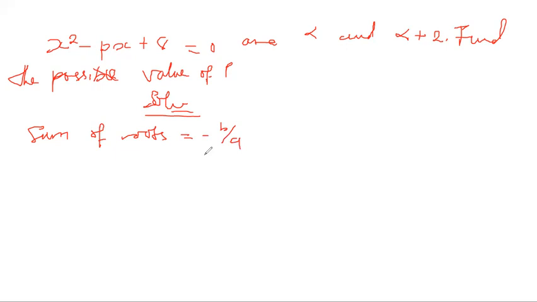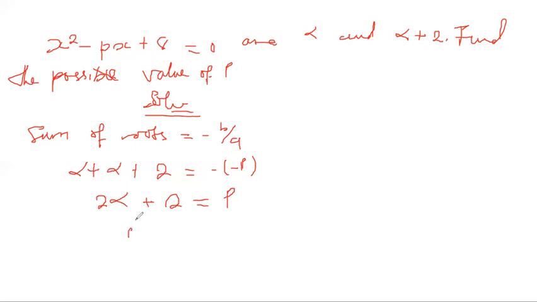Now the sum of roots is equal to negative negative p over 1. In this case it is going to be alpha plus alpha plus 2 giving us positive p. So 2 alpha plus 2 is equal to p.